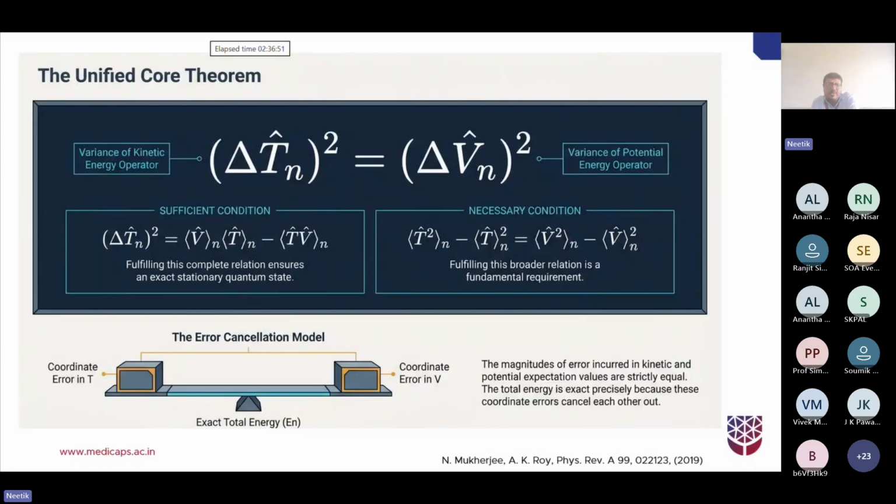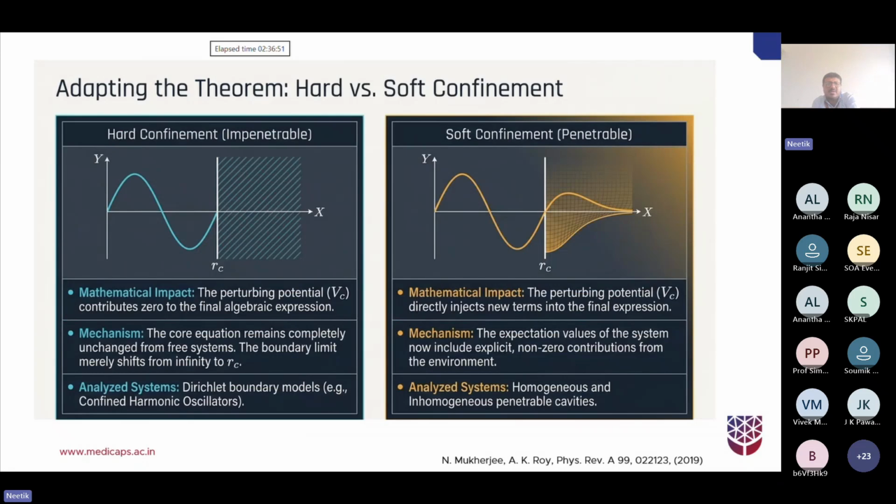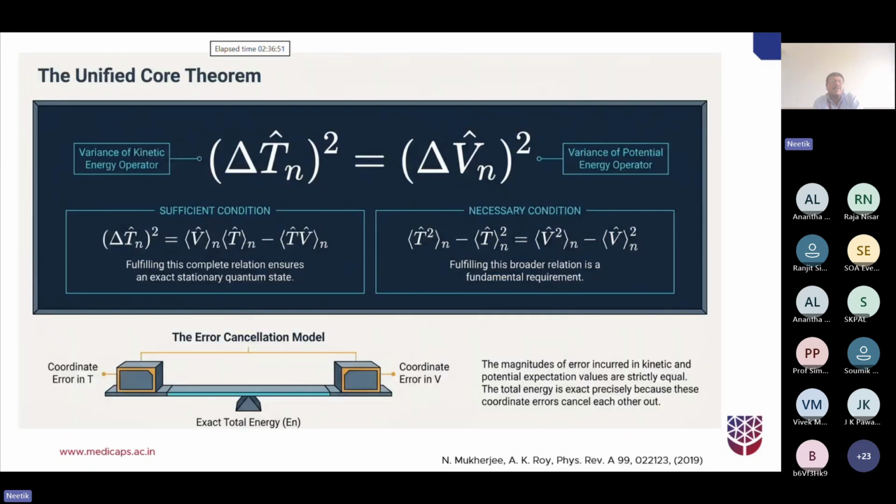So finally, we have designed a virial-like expression applicable for both free as well as confined conditions, and this is based on the theory where the error associated with the kinetic energy is exactly equal to the error associated with the potential energy of the system.